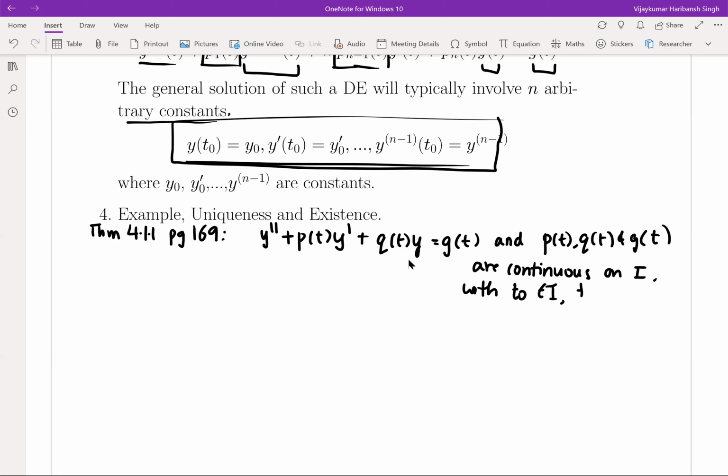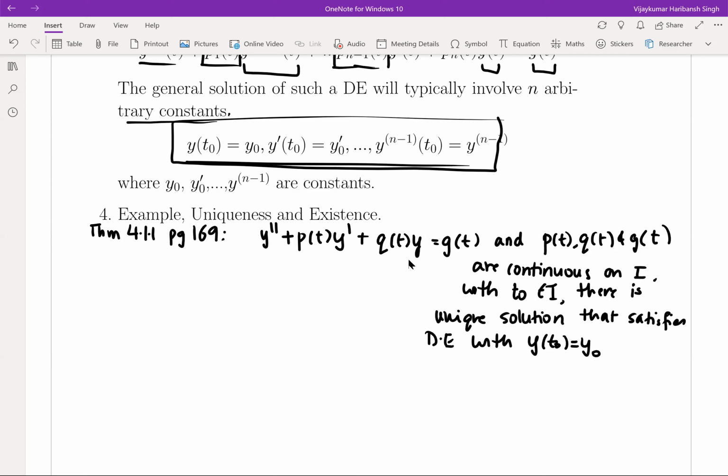Then there is a unique solution that satisfies the differential equation with y of t naught equals y naught, and y prime of t naught equals y naught prime.